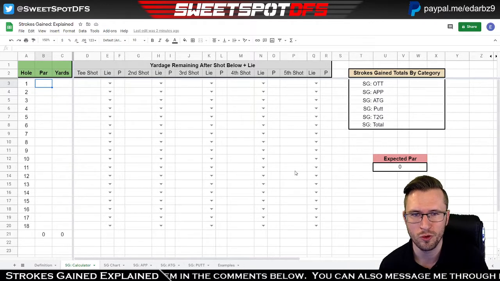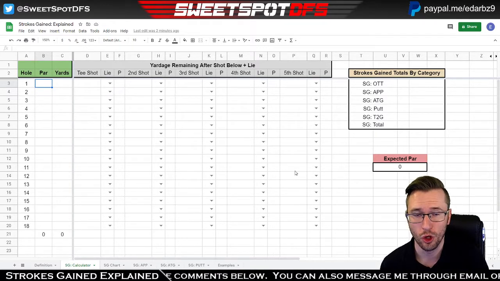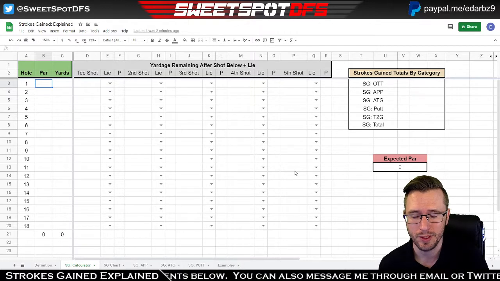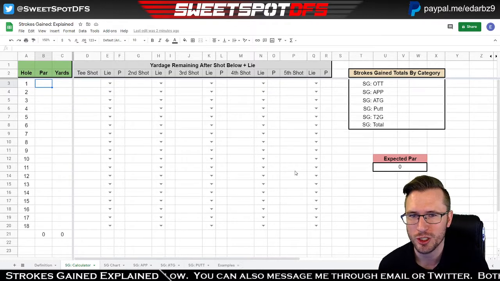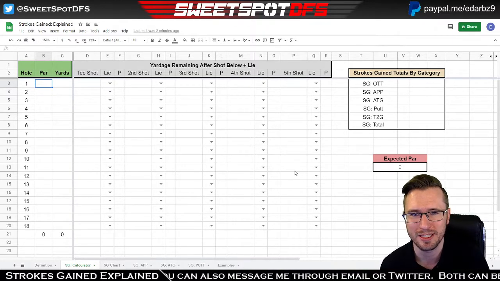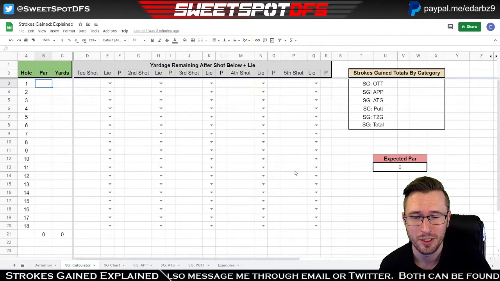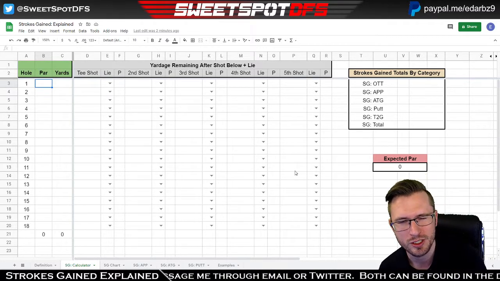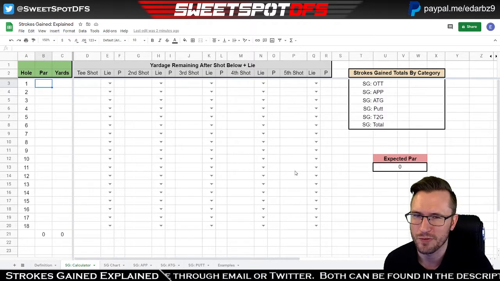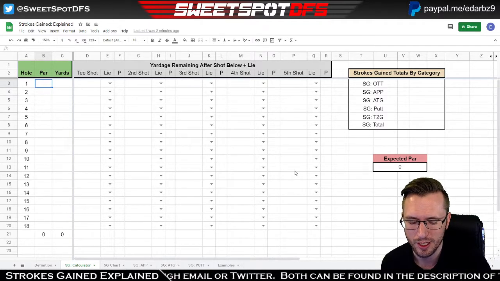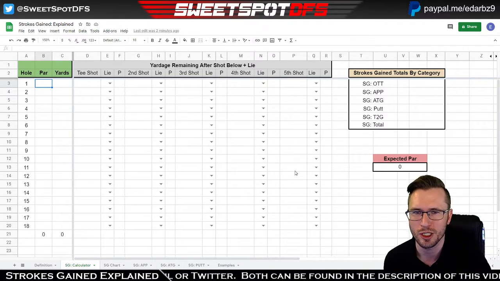If you just remove the 6.57, Webb Simpson looks considerably better. It was one round that you're judging him on, against someone like a Bryson DeChambeau. When the field average changes like that, it's not fair for someone like Webb Simpson, and you shouldn't really judge him based off of that.